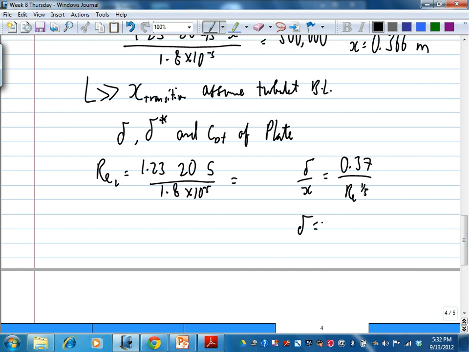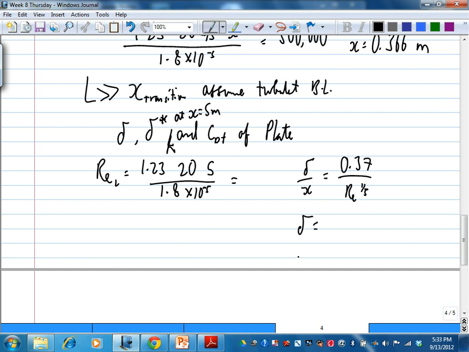Delta equals what? And X is 5 at the end of the plate. Here I forgot to put at X equals to 5 meters. So at the end of the plate, what's the boundary layer thickness?